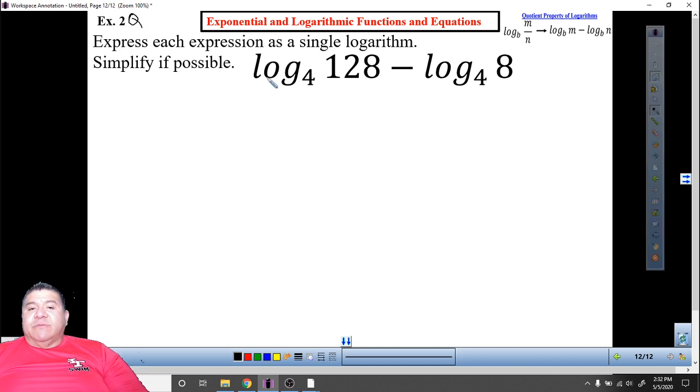It reads the same instructions, then it's log base 4 of 128 minus log base 4 of 8. Copy that, pause it, see if you can work that one out by yourself, and then when you come back you'll see the work for that.